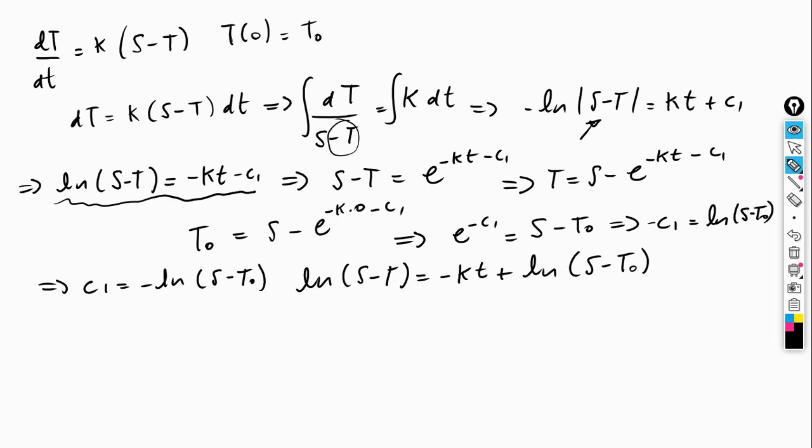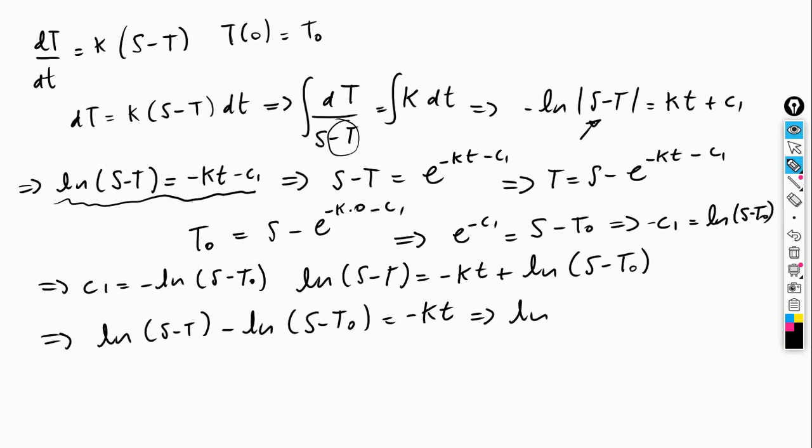Notice that we can rewrite it as natural logarithm of S minus T minus the natural logarithm of S minus T sub 0 is equal to minus kt. And then from the properties of logarithms, we can rewrite this part to the left as the natural logarithm of S minus T divided by S minus T sub 0 equal to minus kt.